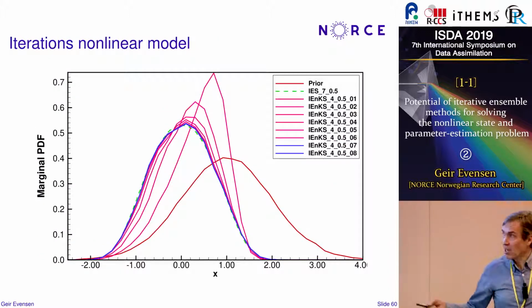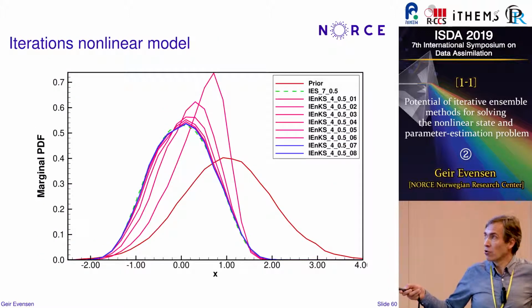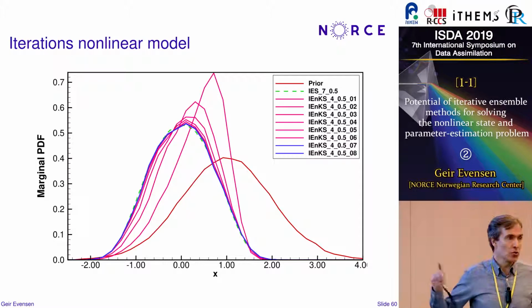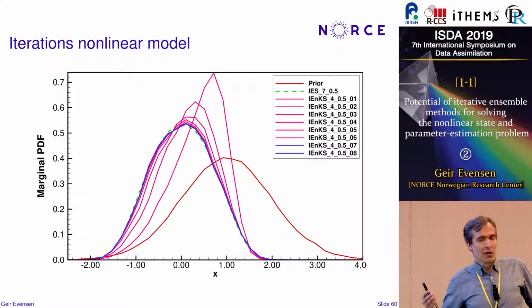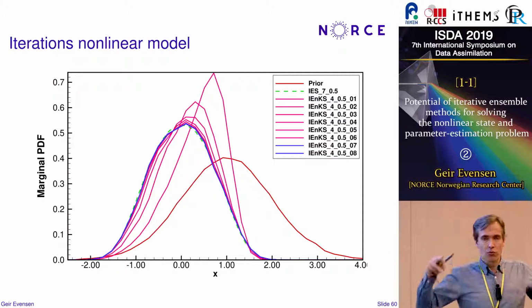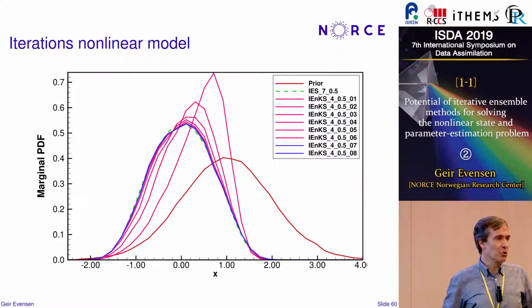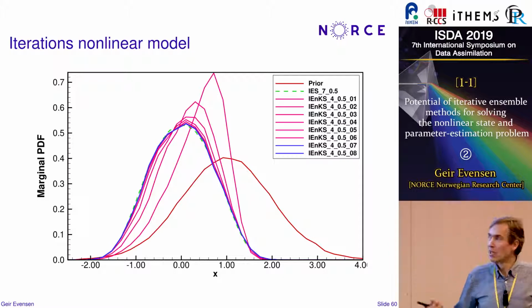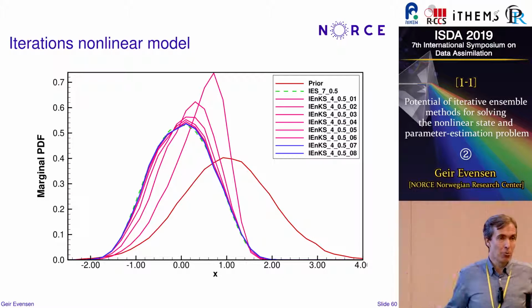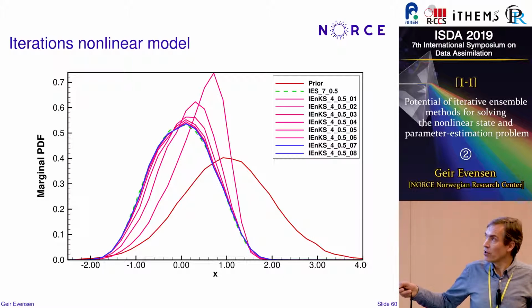Just to show you an example, this is the same model I solved before, but I used only 10,000 realizations, because in this case I have to solve this system of 10,000 by 10,000 equations. So this method is not suitable for really high-dimensional problems. But I start with the prior. I get the first update, second, third, fourth, fifth.